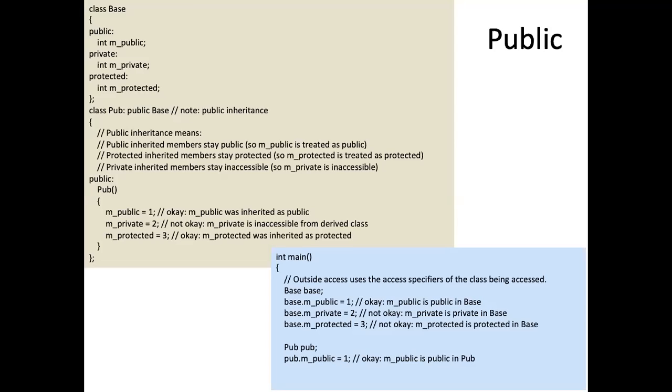So pub dot m underscore public is accessible because it remains public in the derived class also. ठीक है. So this would be accessible, no problem.